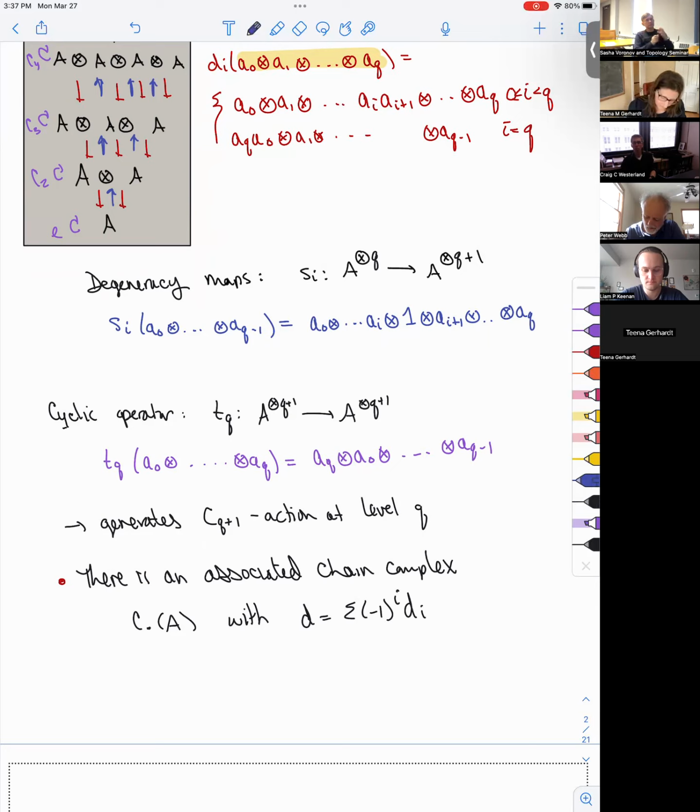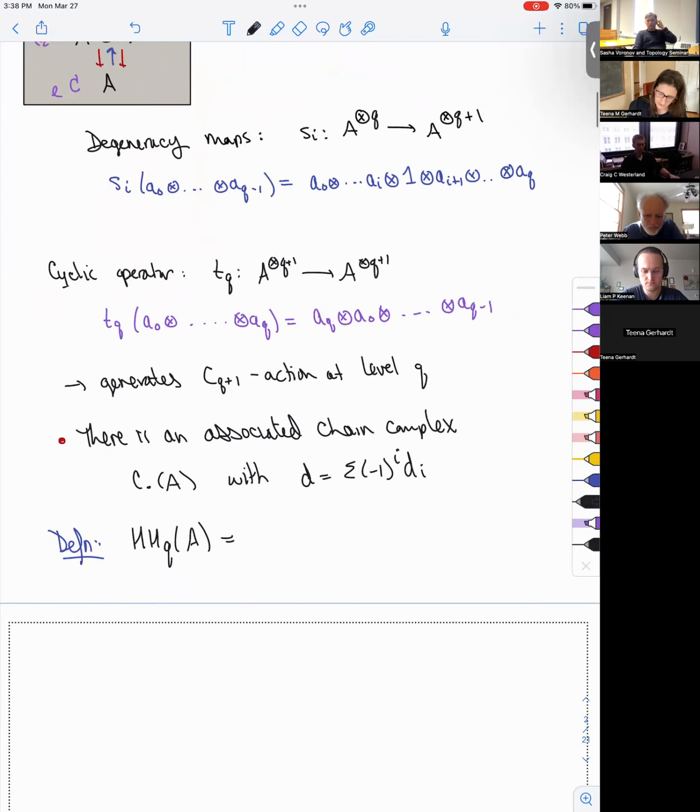And so what is the definition of Hochschild homology? The Qth Hochschild homology of a ring A is just the Qth homology of that chain complex. Now, the reason I defined it as this simplicial object is because it can be useful to think about this Hochschild homology definition in another way as well.